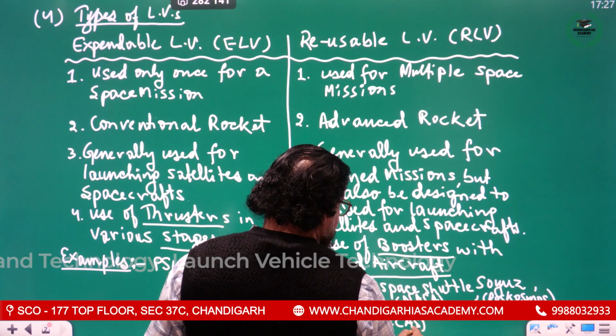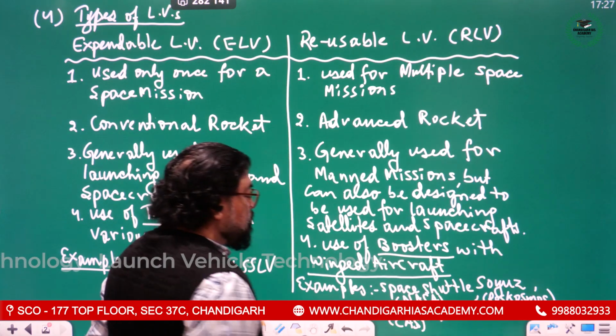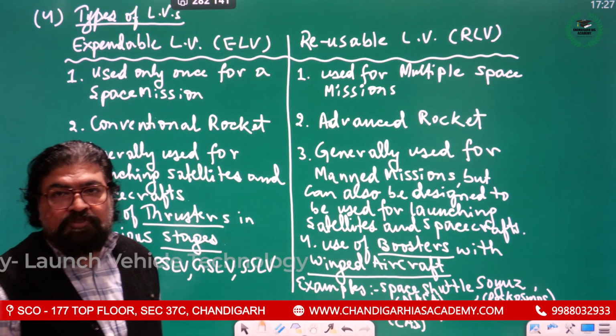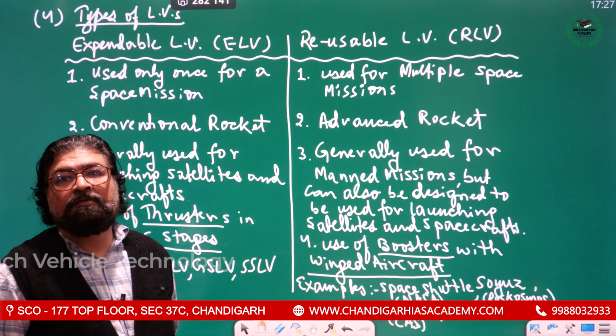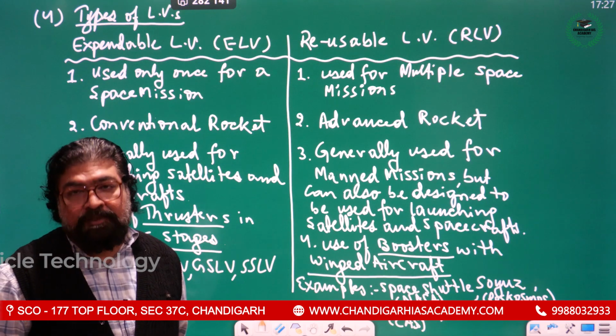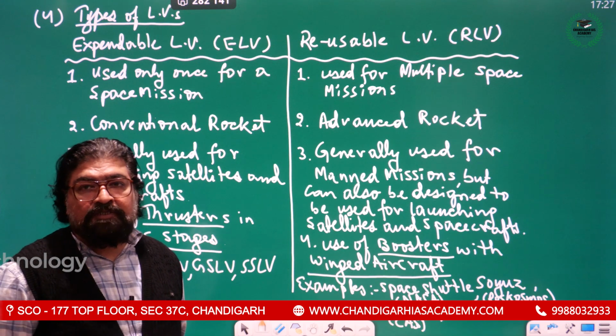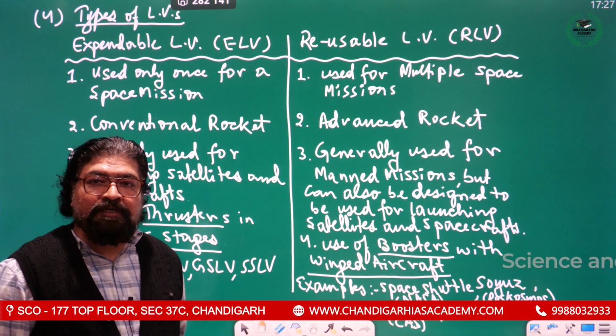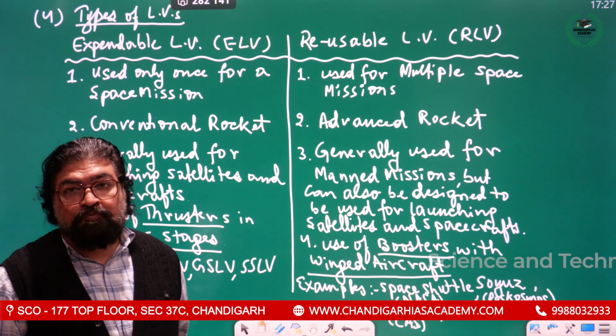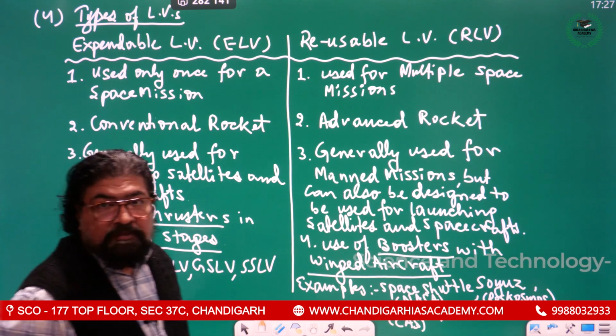Now India is going to be the 4th country in the world to develop an RLV, and we are almost at an advanced stage. We have already done testing for the landing experiment, Pushpak.